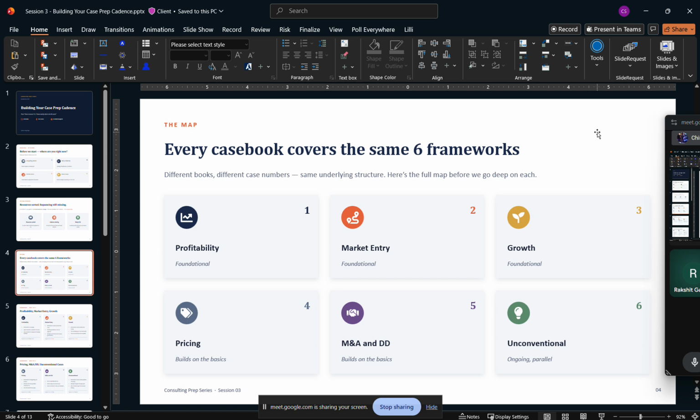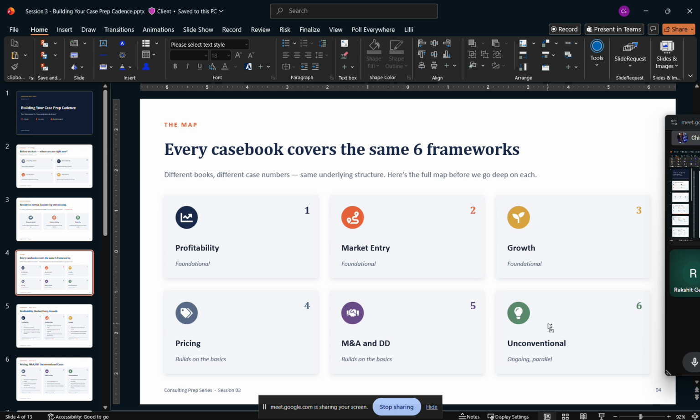That's why I'm starting with the most voluminous part of the casebook, which is your frameworks. So, six main types of framework. Of course, you can read through it. You'll find it in every book. Which framework is more important for you depends upon what role you're applying for, what level you're applying for, and what kind of company you're applying for. Almost everybody will start with profitability. Almost everybody will continue to market entry.